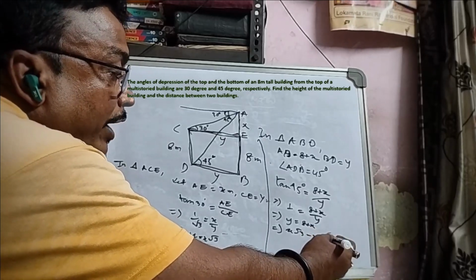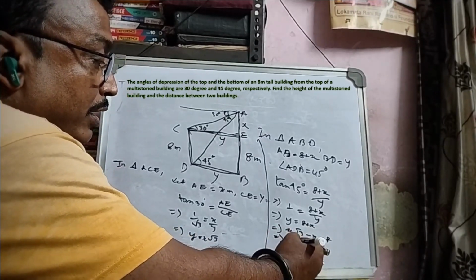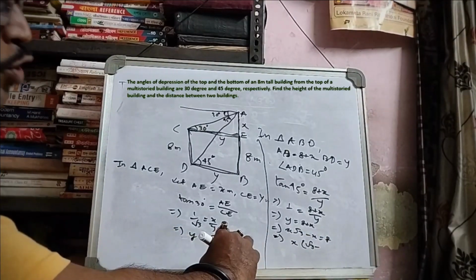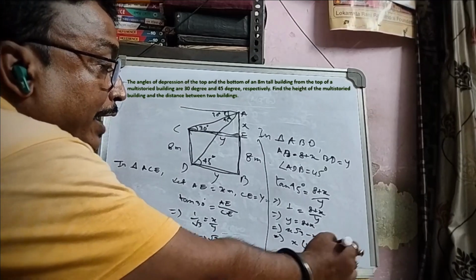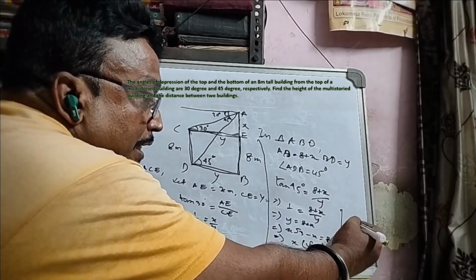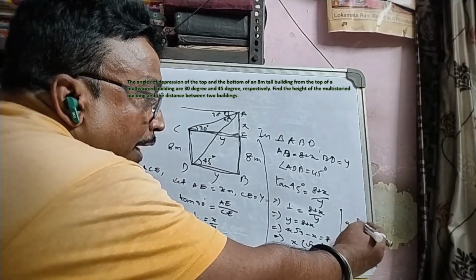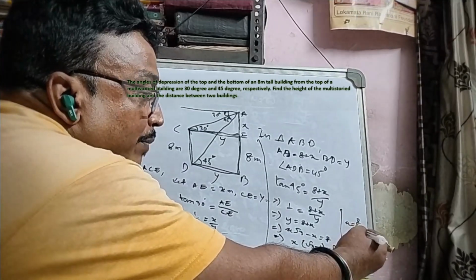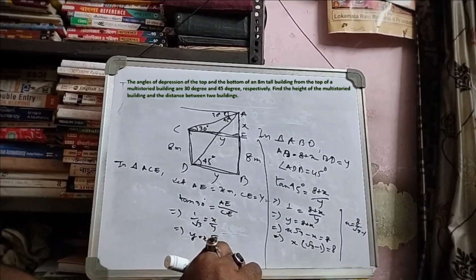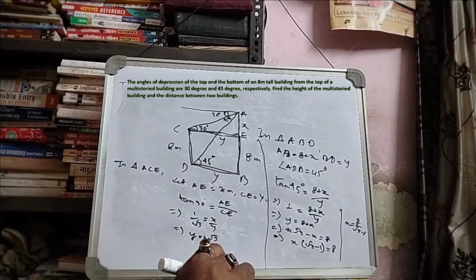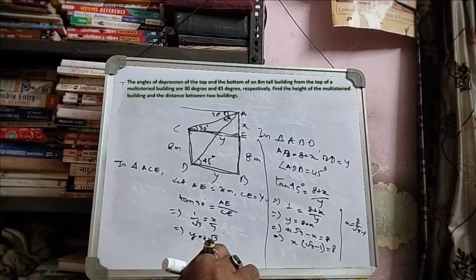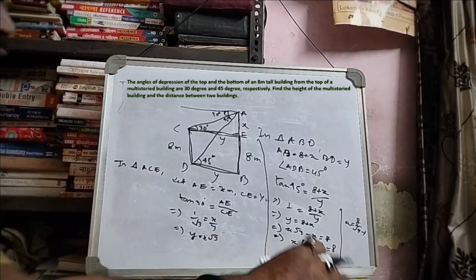x root 3 minus x is equal to 8. We will take x as a common factor, and 8 remains. That means x is equal to 8 by root 3 minus 1. Now we will simplify it.